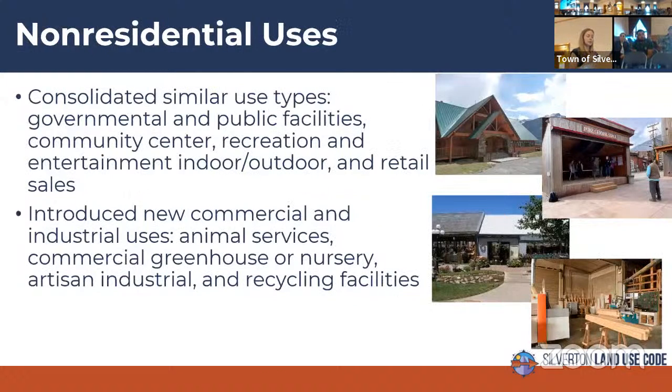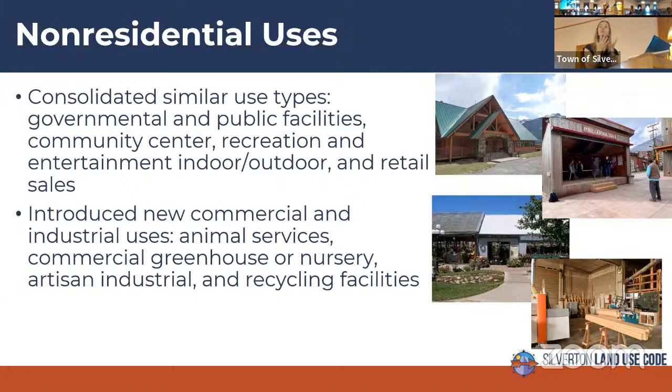Updates to non-residential uses include the consolidation of similar use types into broader uses such as governmental and public facilities, community center, indoor and outdoor recreation and entertainment, and retail sales. So for example, rather than listing out certain types of stores like art store, furniture store, that sort of thing, it's all just gathered in that retail sales bucket.